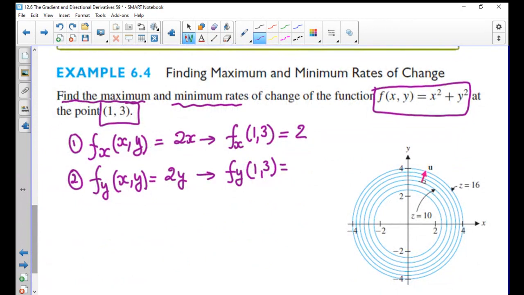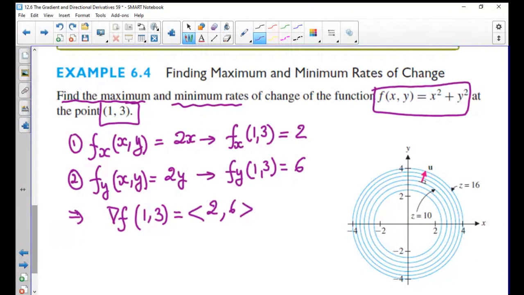So that means fy at 1, 3 is going to be 6. Okay, good. That means the gradient of our function f at the point 1, 3 will be the vector 2, 6.